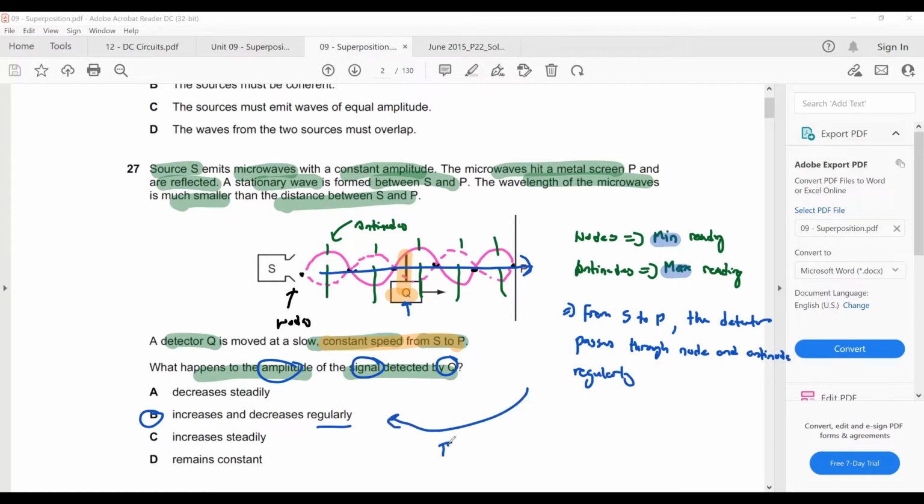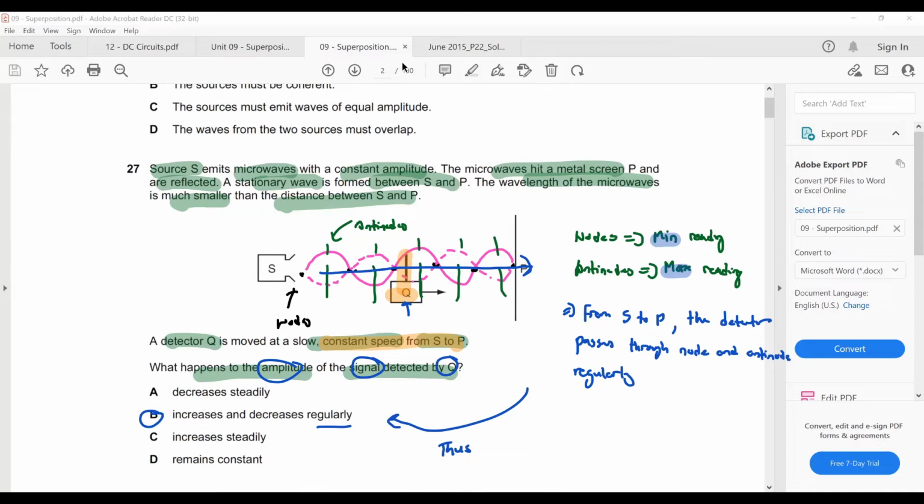Thus your answer is this: from S to P, the detector will pass through your nodes and antinodes regularly, thus your amplitude increases and decreases regularly. Okay, so this one is for that.